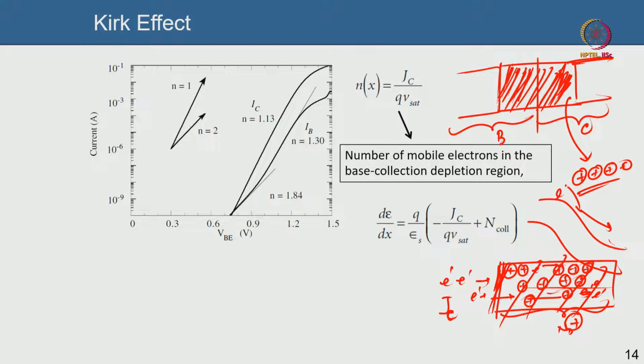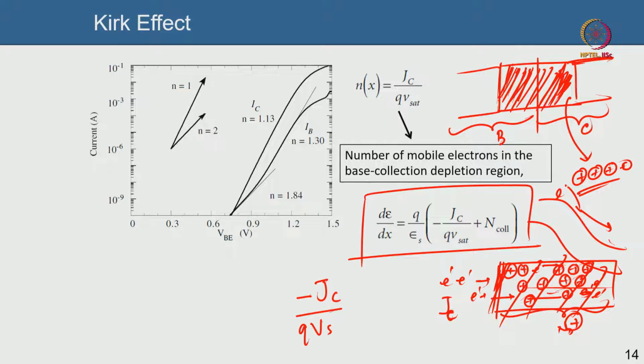If I happen to solve the Poisson equation at any instant of time, it will look like this: minus Jc by q v sat gives me the number of mobile electrons at any instant of time. Why? Because the current density is always charge times velocity. So, charge will be q times the mobile electron density per centimeter cube, of course, into velocity. The maximum current you can get is when the velocity is maximum, which is v sat, correct.